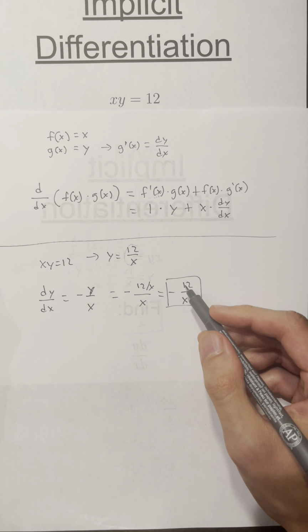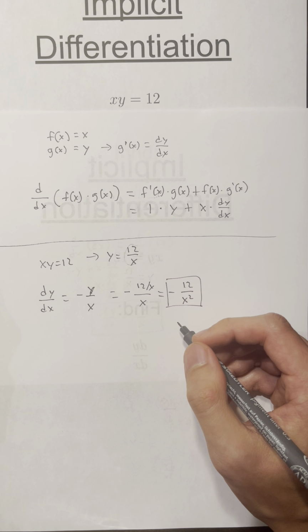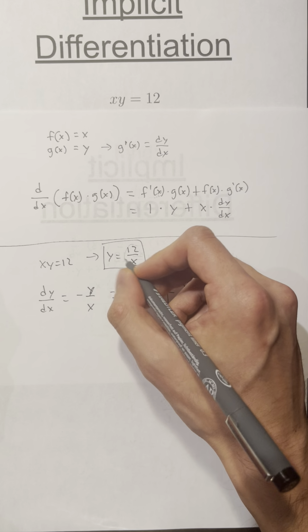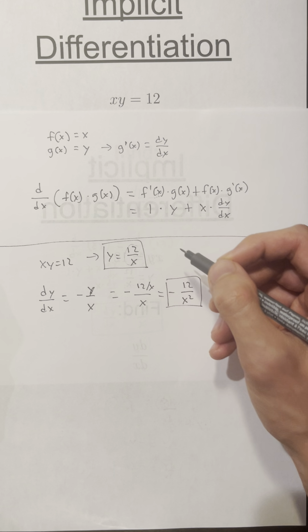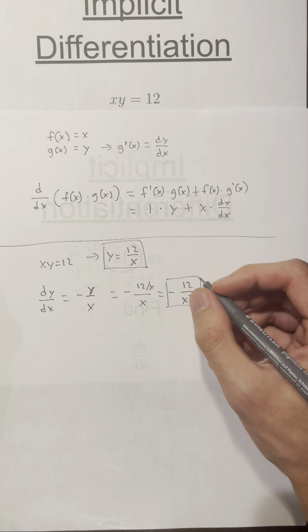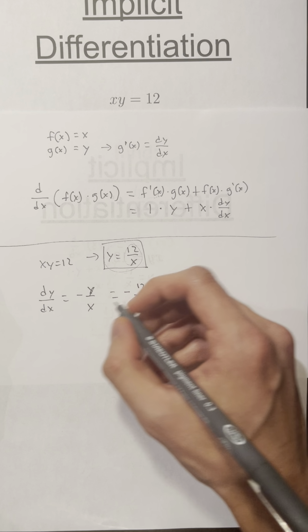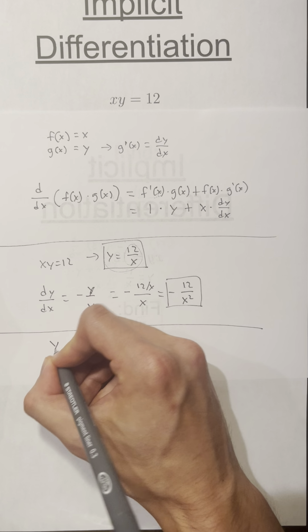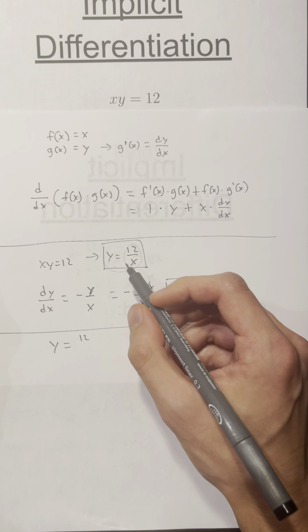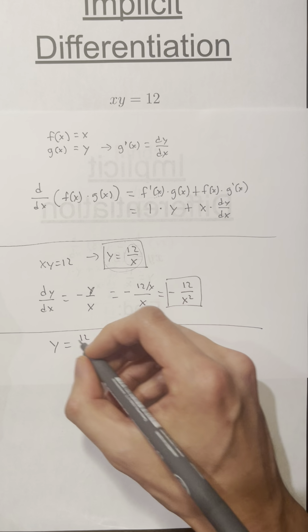Okay, so this is what we got from implicit differentiation. What if we just directly found dy/dx of this equation? What rule can we use? So you actually don't need implicit differentiation to find dy/dx here.